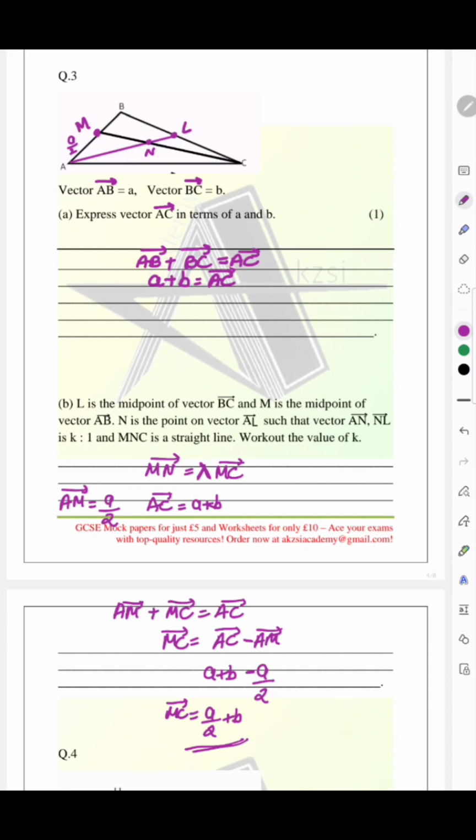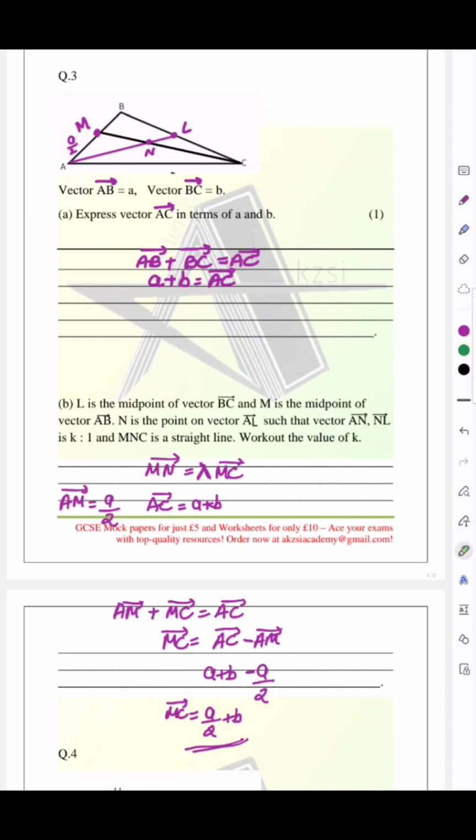Now we have to look for vector MN. This specific part, how can I calculate it? Whatever side or vector is missing, always go for the triangle. Suppose vector AM is missing, you have to see that AM is a side of which triangle.